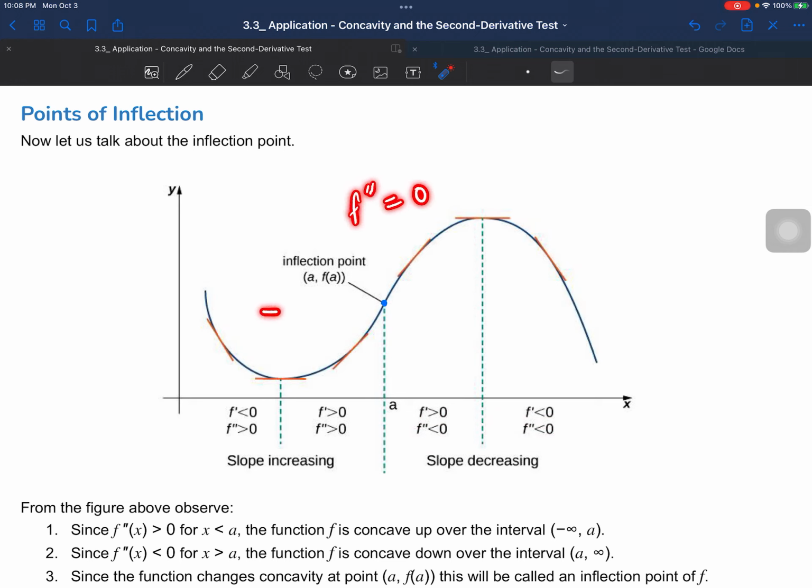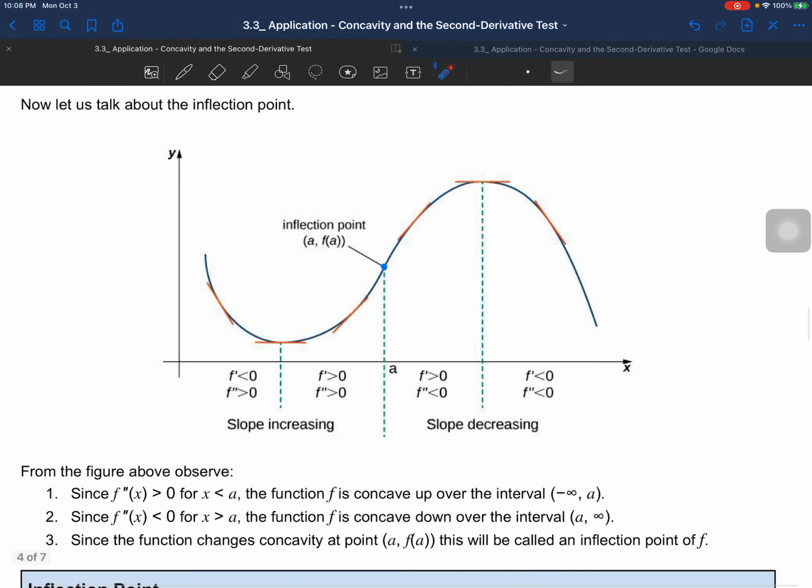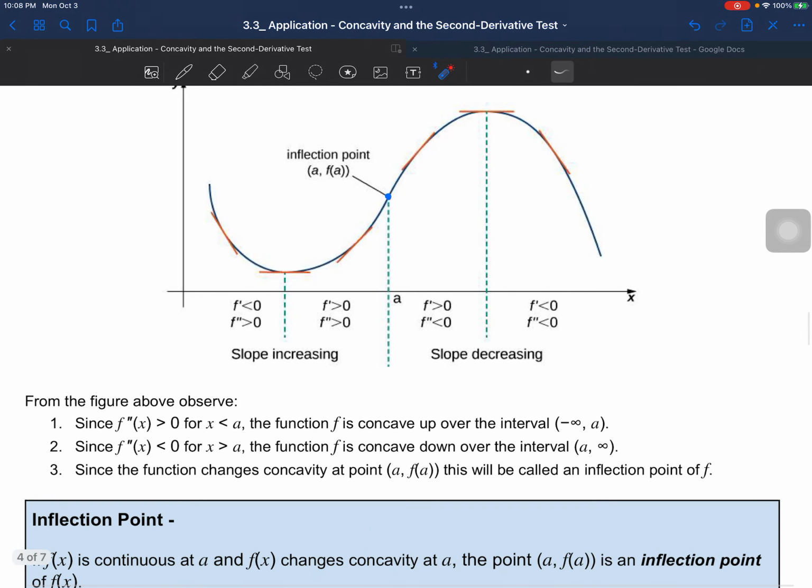So there is a point where your second derivative changes from positive to negative. In order to pass from positive to negative, you have to pass through zero. That point is where the second derivative is zero.